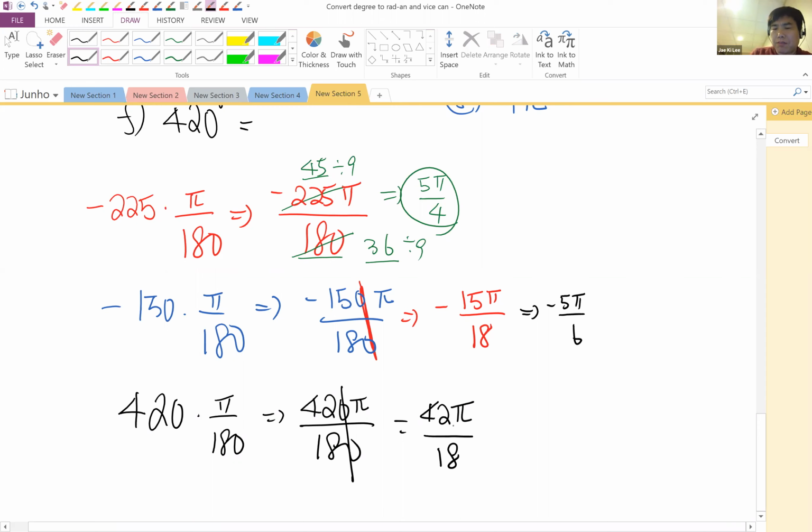What's the common factor between 42 and 18? 6. So that gives 7 pi over 3. The answer is 7 pi over 3.